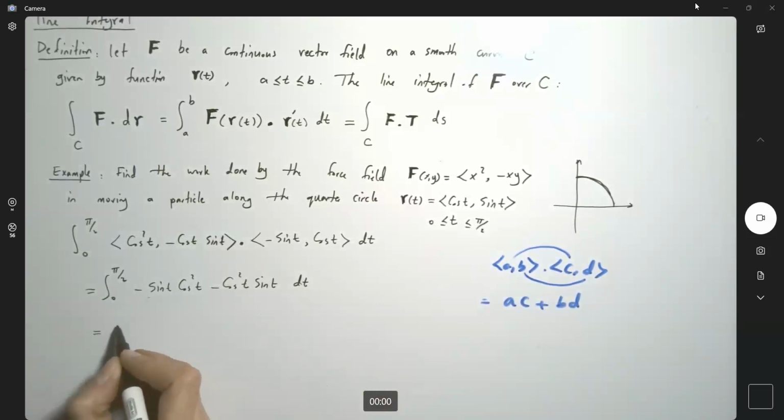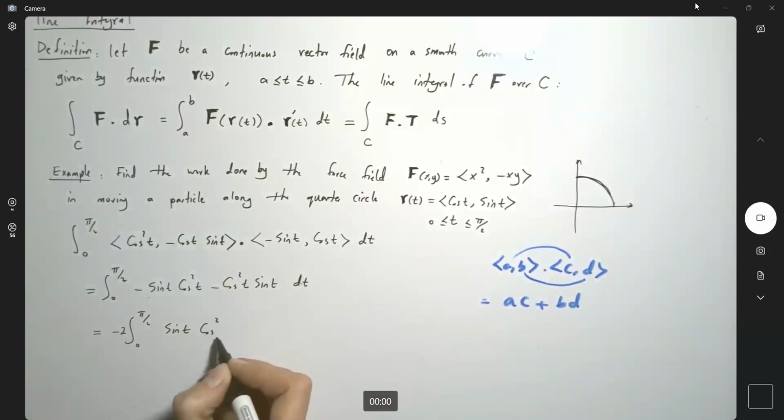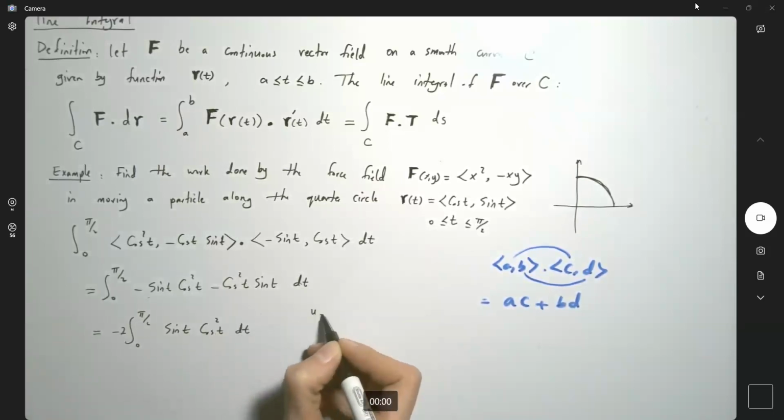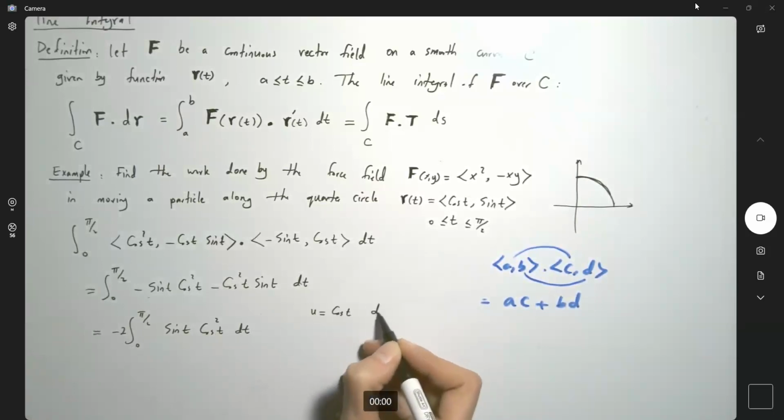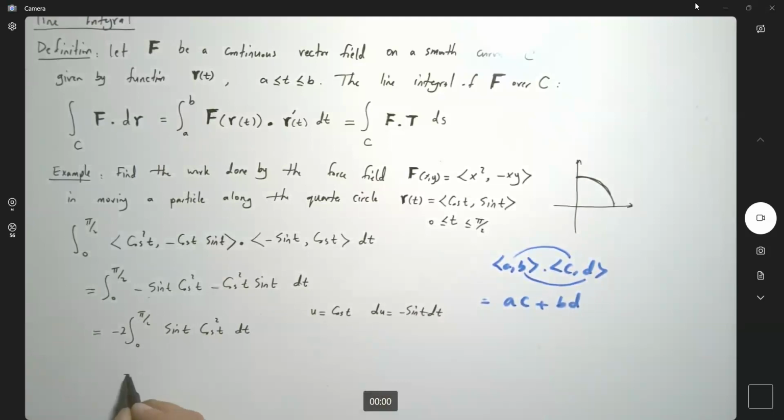We can use u substitution. Use u to be cosine t. du becomes negative sine t dt. So this becomes 2/3 cosine cubed t between 0 and pi over 2. So obviously here you have 0 minus 2/3.